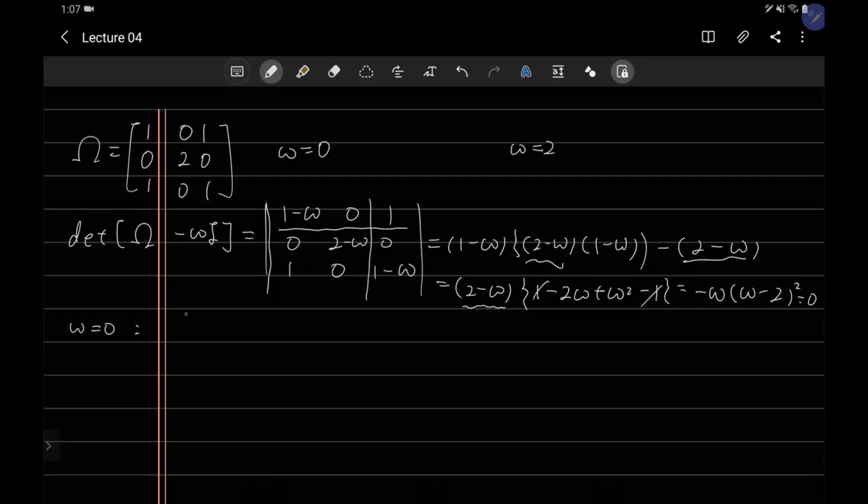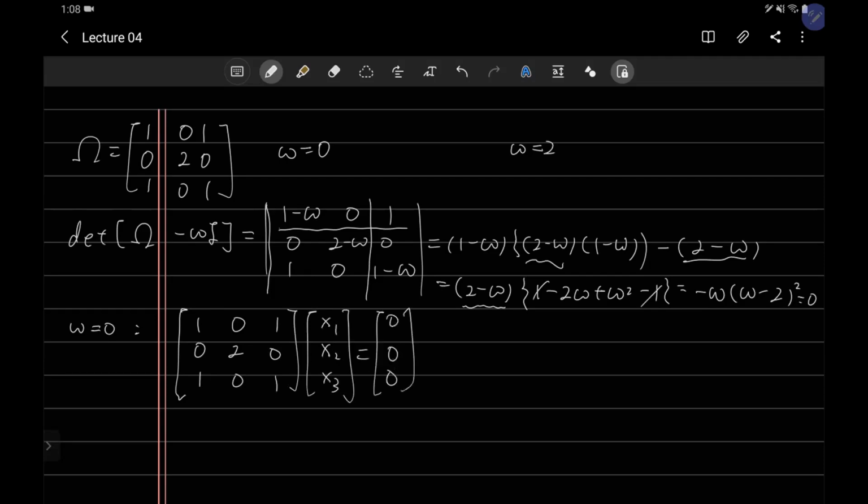So in this case, we have to rewrite this A minus omega I matrix. So that will be 1 0 1, 0 2 0, 1 0 1 because omega equals 0, and then we have to find x1 x2 x3, which will become 0 0 0.